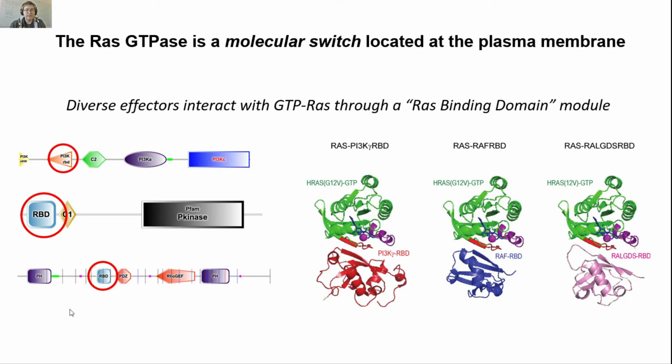And so if you look at a bunch of different proteins that are involved in Ras signaling, for example, PI3 kinase, RAF kinase, or this RAL guanine dissociation thing, each one of them, in addition to all the various domains that endow these effectors with activity, they contain these Ras binding domains, which are domains that specifically interact with the Ras GTPase only when the GTPase is loaded with GTP and not GDP.